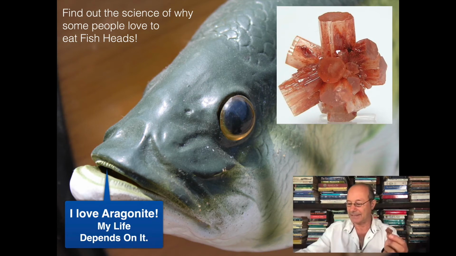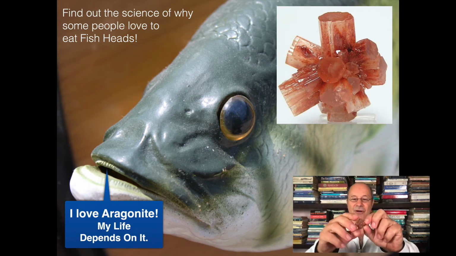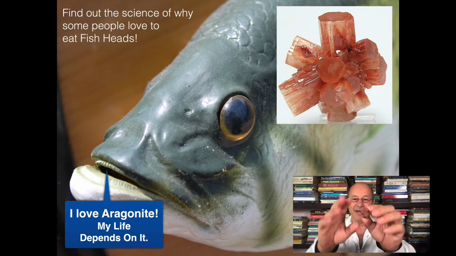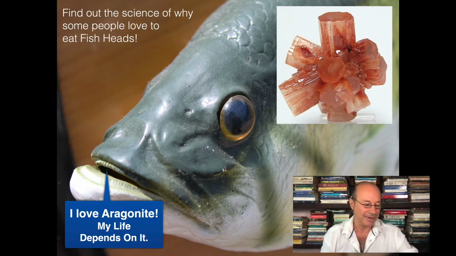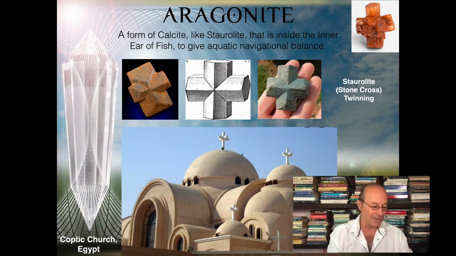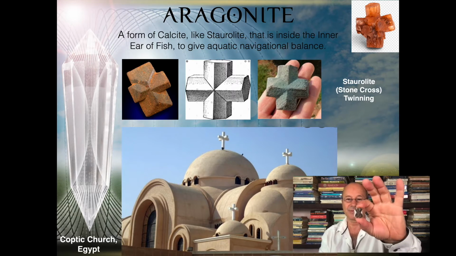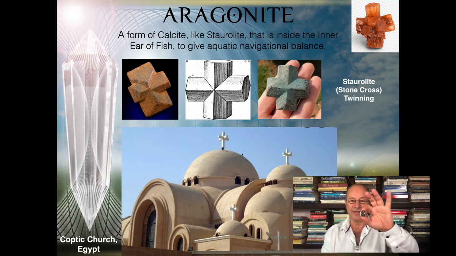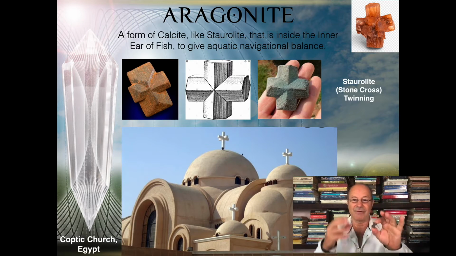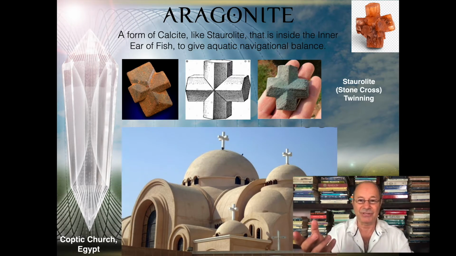So basically every crystal is of cubic origin. Here we have aragonite, and this is linked also to another crystal that's called staurolite. This is called crystal twinning, when crystals can grow through their own axes. So this crystal cross is called staurolite, related to aragonite, which gives the fish navigational balance.